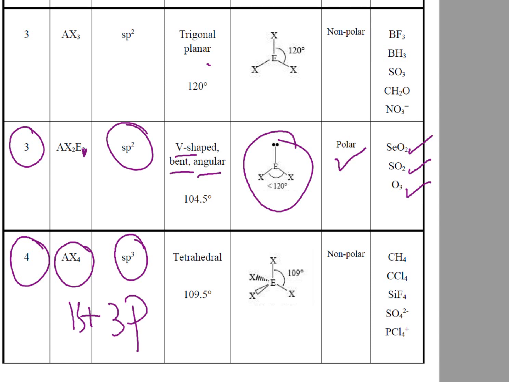The molecule will be tetrahedral, the angle 109.5. Because there are no lone pairs, dipoles are going to cancel out, resulting in a nonpolar molecule. We have examples that we have done so many times before: methane, CH4, CCl4, SiF4.